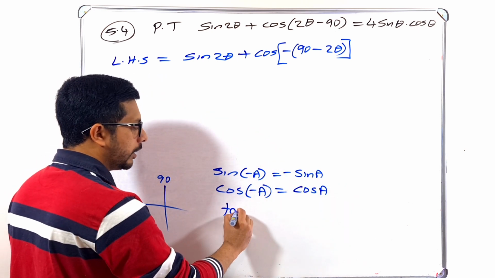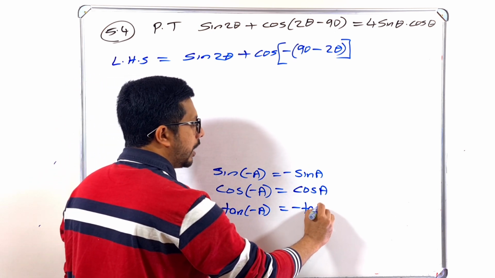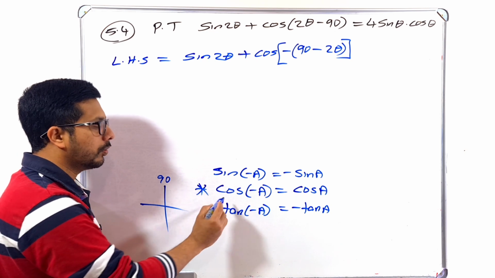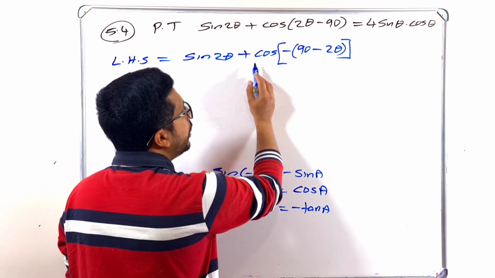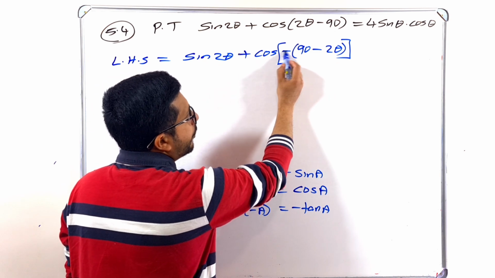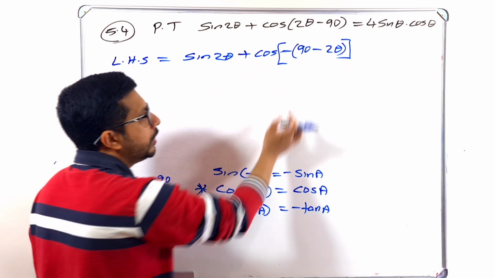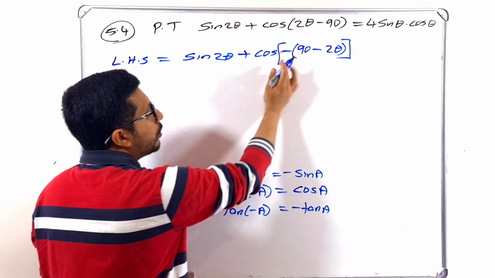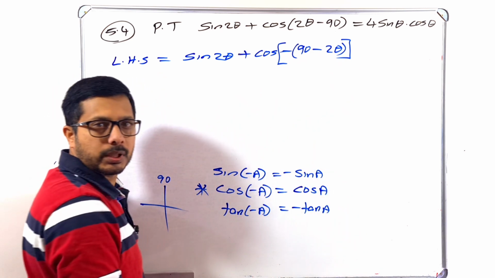Tan of minus a, that is minus tan a. So the only difference is for this cos. Cos of minus a is positive cos a. So look at this one. Cos of minus an angle, a representing an angle. So here the angle is 90 minus 2 theta. So cos of minus an angle is the same as positive cos of that angle.